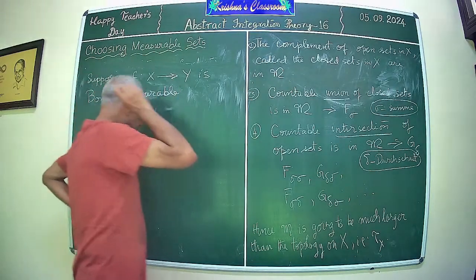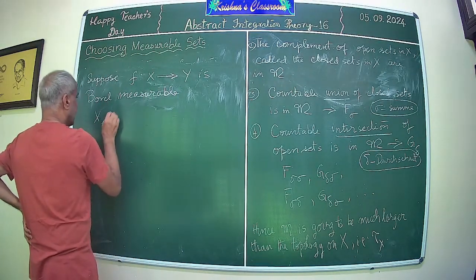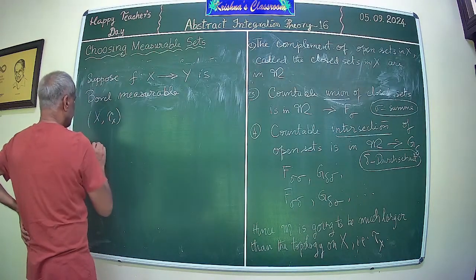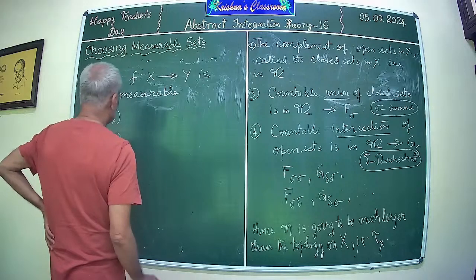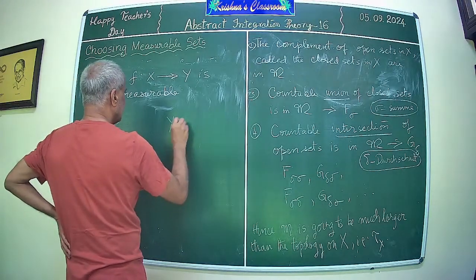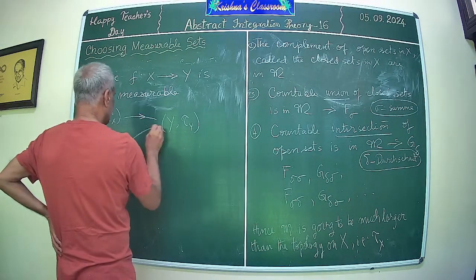What does it mean? It means you have got X, tau X is there, then you have X, this is the measure space, and then you have got Y, tau Y. We are talking about mappings from here to here.